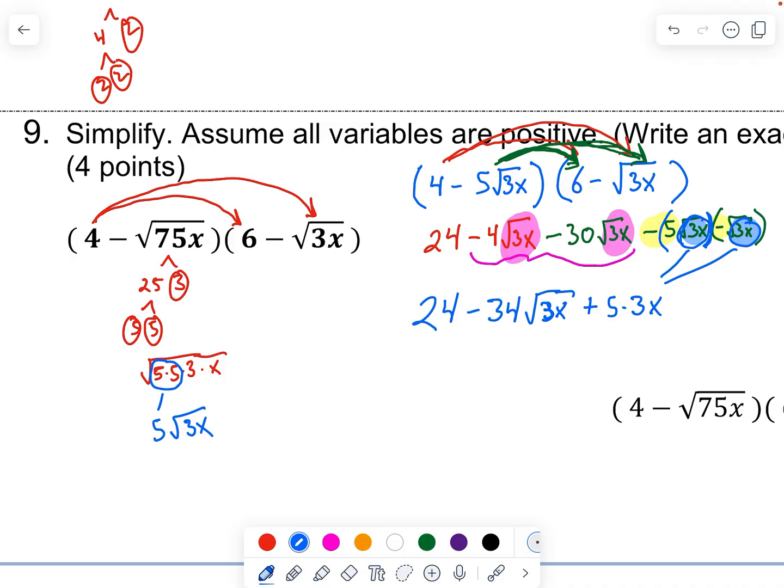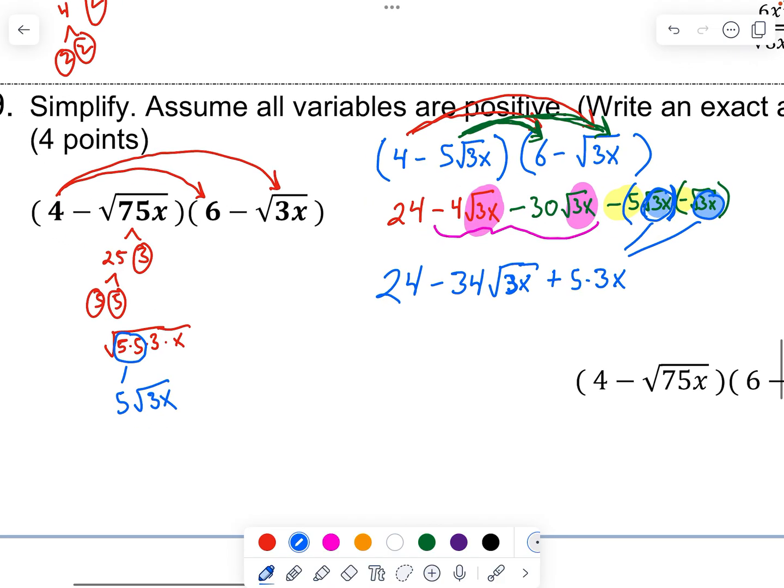It doesn't match the other stuff, so I'm really just ready to write my final answer. I would typically put that in the front, 15x, and then I'd write my square roots of 3x, and then I'd write my number. 15x, that's that right there, and then minus 34 square roots of 3x, and plus 24.